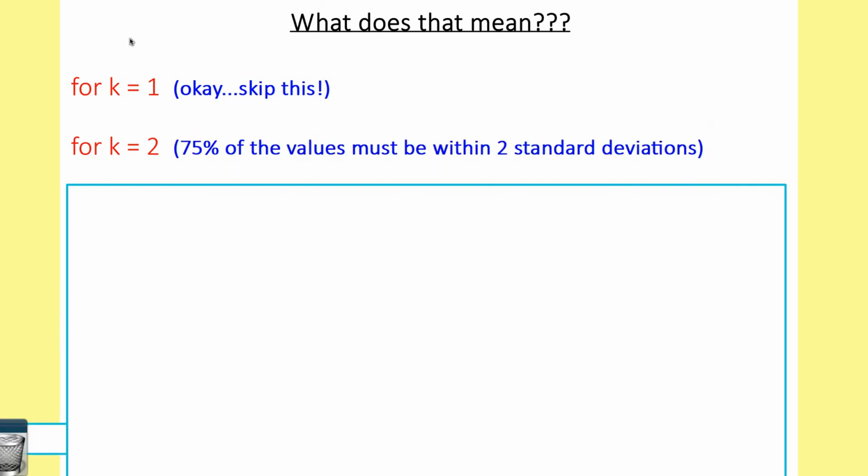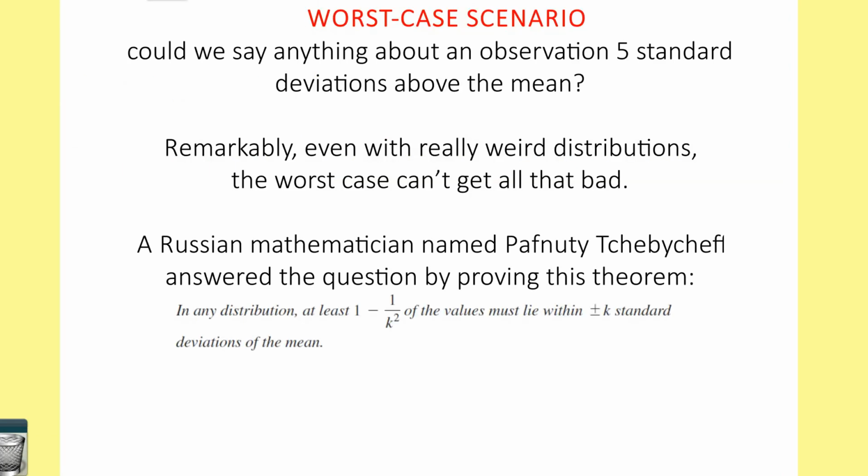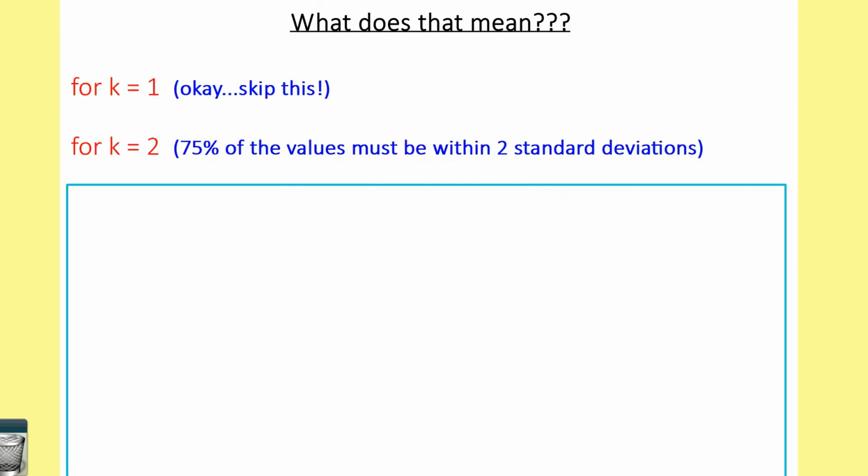I guess I should show you the actual formula. It was 1 minus 1 over k squared. So for this one, we do 1 minus 1 over 2 squared. That's 1 minus a fourth, so 0.75.